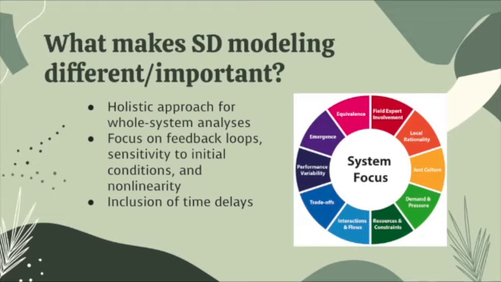Sensitivity to initial conditions, so getting into things like chaos, like the butterfly effect, and nonlinearity when the system behavior is more than the addition of its parts. And in addition, system dynamics models can include time delays, which are often important in these systems.